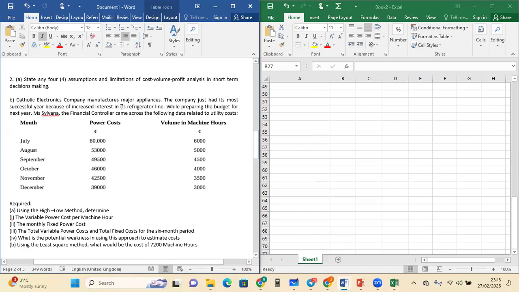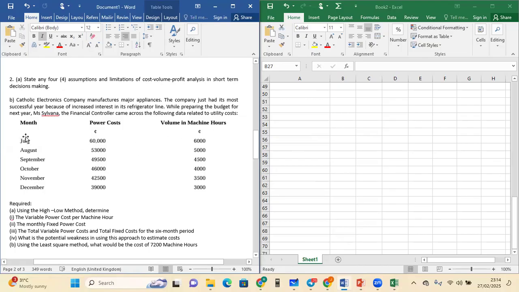So now, let's look at this. This question says that Catholic Electronics Company manufactures major appliances. The company just had a successful year because of increased interest in its refrigerator line. While preparing the budget for next year, Ms. Silvana, the financial controller, came across the following data related to utility costs.